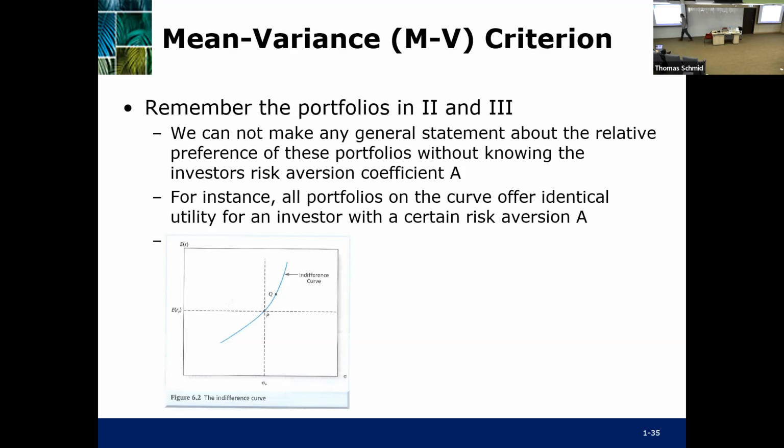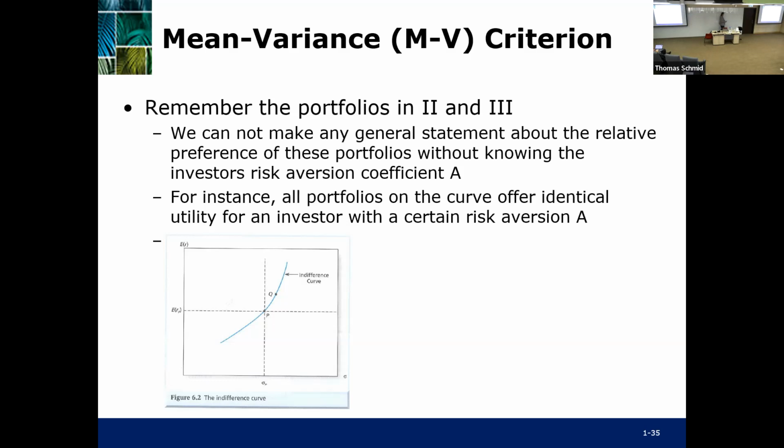So every point on this blue line has the same utility for our investor. Okay? That's how the indifference curve is defined. So our risk-averse investor would be indifferent between investing in P and investing in Q, for example. Okay?